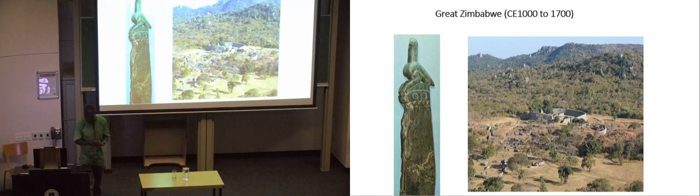Around 1200 or thereabout, there is what is known as period 3. Period 3 at Great Zimbabwe is the equivalent of Leopardoscopy 2. So that's the same as Mapungubwe.